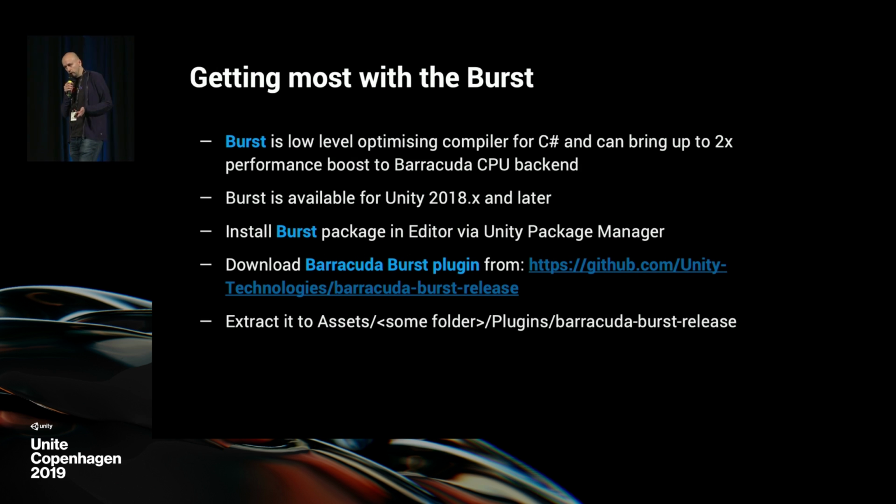And another nice tip for performance: if you are using Unity 2018 or later, you could use Burst, the low-level optimizing compiler for C#, and boost your CPU inference up to twice as fast. You just need to install Burst via Unity Package Manager, download the Burst plugin for Barracuda, and put it in a plugins folder under your project.